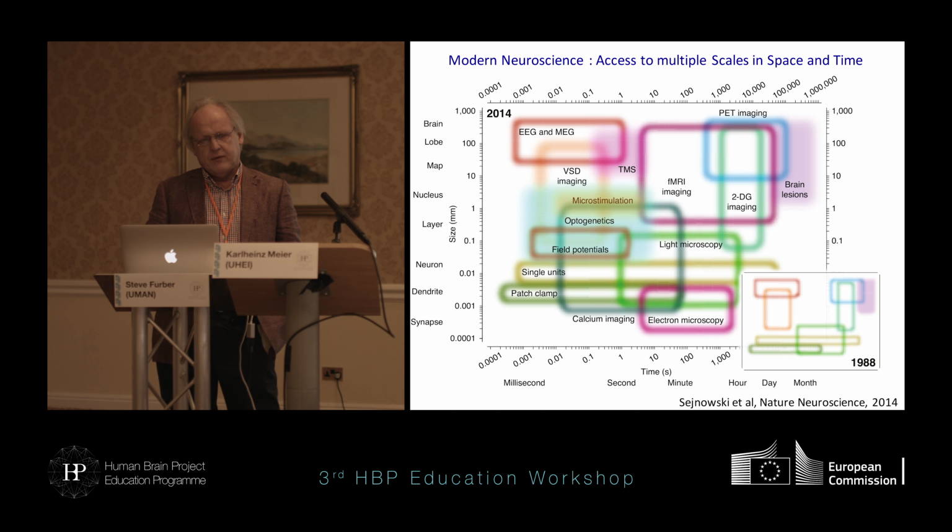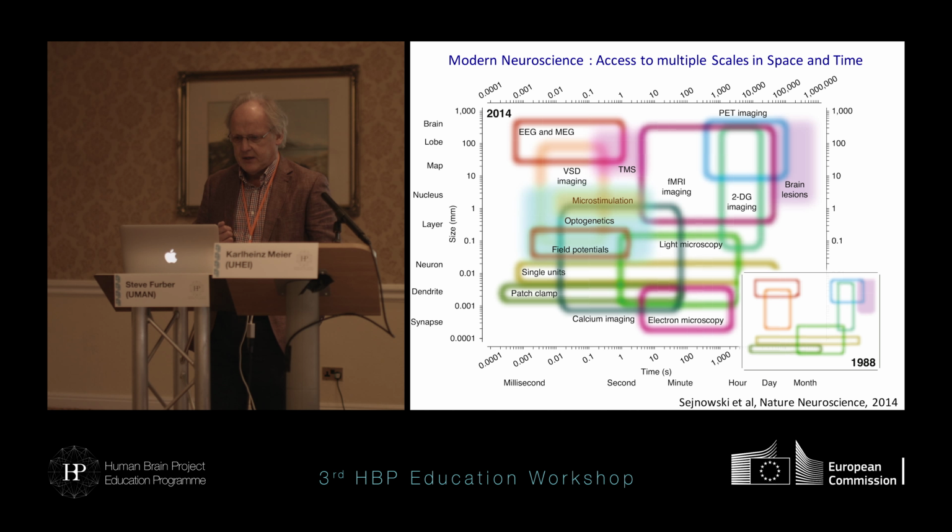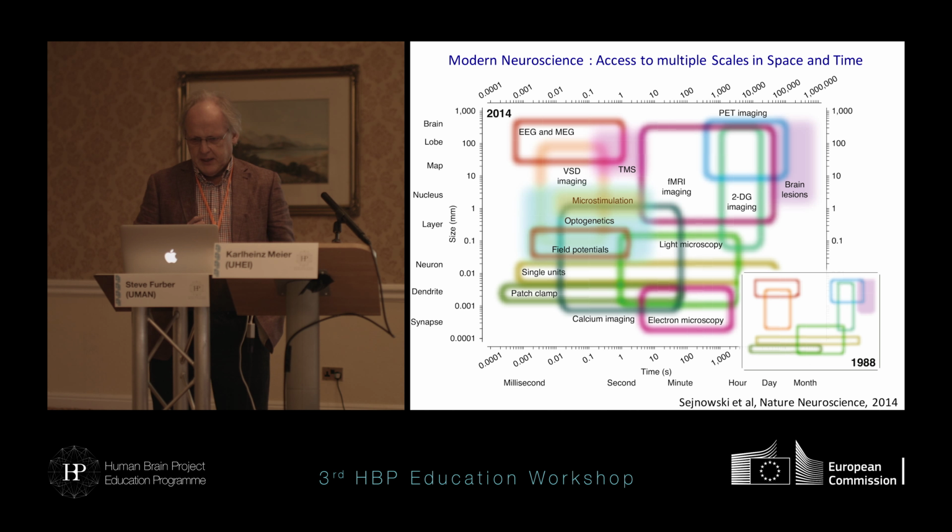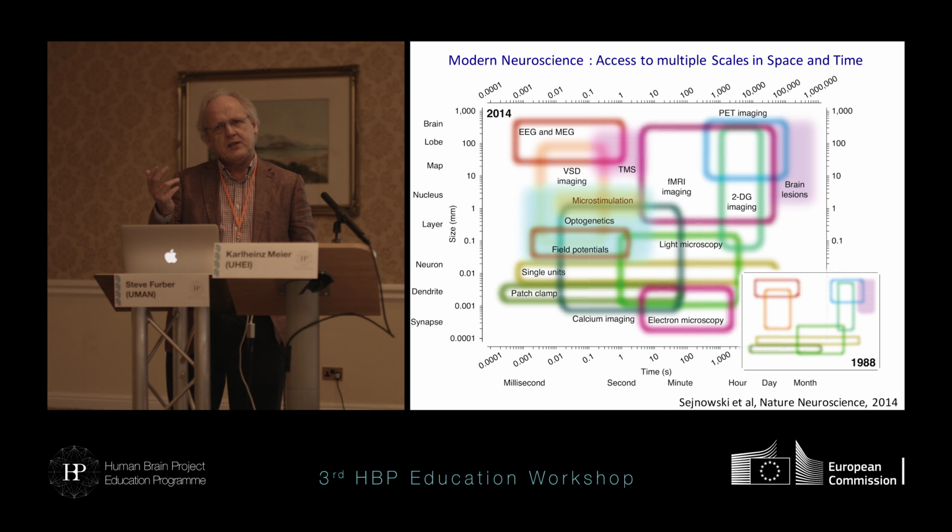And we also have time scales that go from a 10,000th of a second, so 100 microseconds, up to a million seconds, which is getting to the order of months. All these are of interest, so we have to cover a very wide range of scales, both spatially and in time.